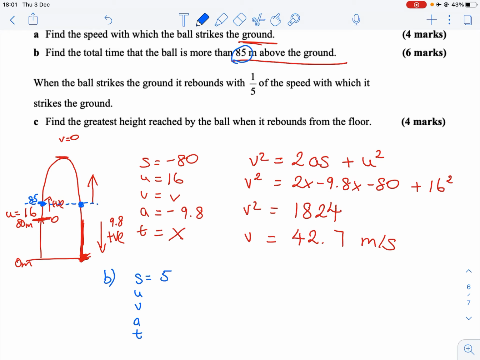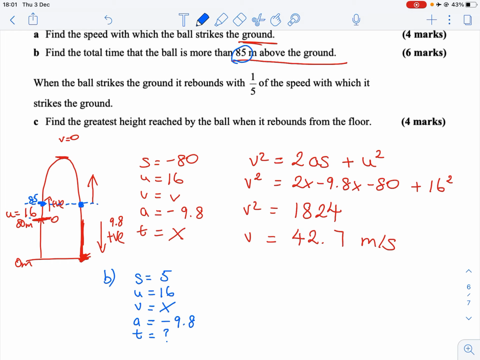Then we look at our u. U is our initial velocity, which is again 16. Final velocity, we don't know. The acceleration again is going to be minus 9.8. And time, this is what we want to find out.